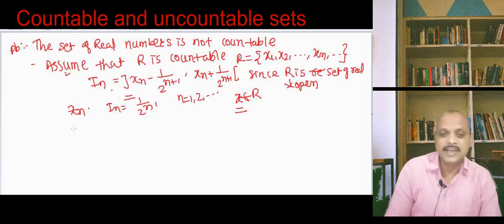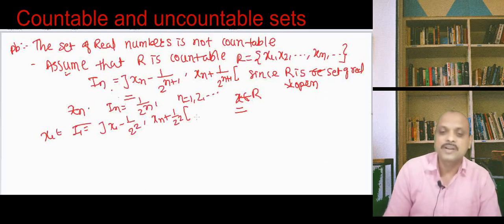Then I1 is the neighborhood of the point x1, an open interval (x1 minus 1 divided by 2 square, x1 plus 1 divided by 2 square), and the length of each In is 1 divided by 2 raised to n.